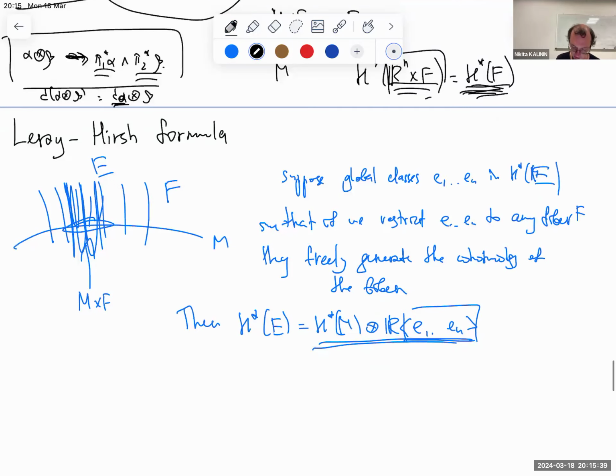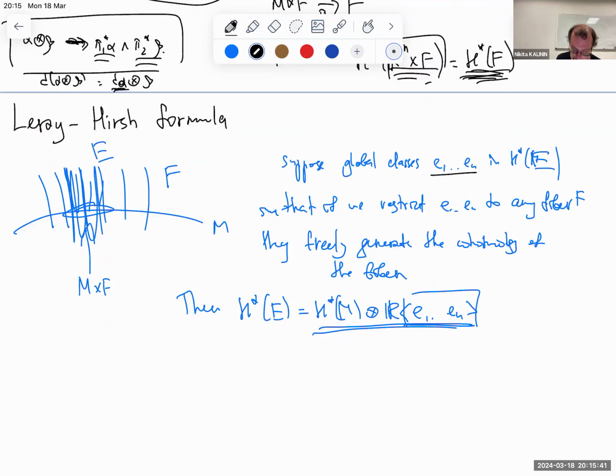But you see, it's a very strong condition that there are some global classes such that, being restricted to any fiber, they freely generate the cohomology. So in particular, if you restrict these classes to the fiber, you obtain the same ring structure. So it means that you can multiply two classes and then restrict to the fiber. It will be the same as if you first restrict and multiply.